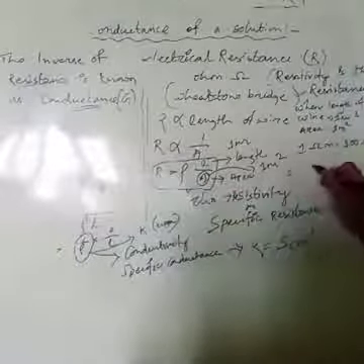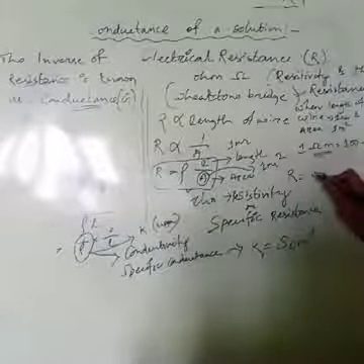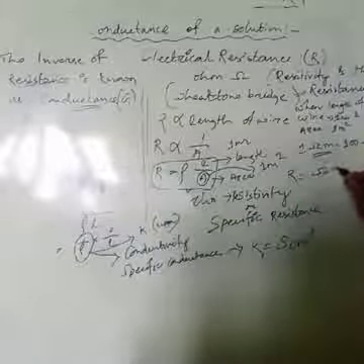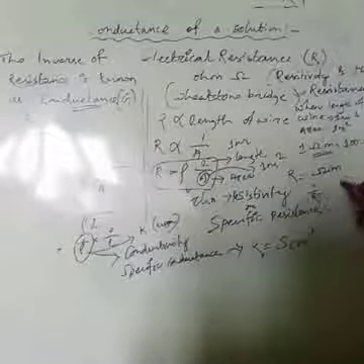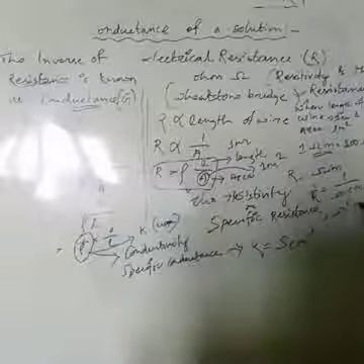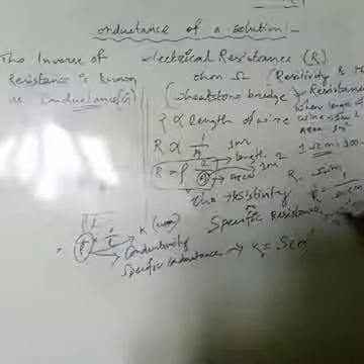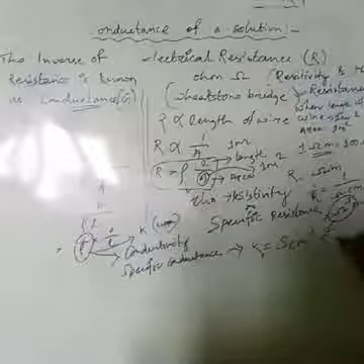The unit of resistance is ohm meter or ohm centimeter. If it is the reverse, 1 by R, then the unit is also 1 by ohm centimeter, or ohm inverse centimeter inverse. Ohm inverse is nothing but your Siemens.